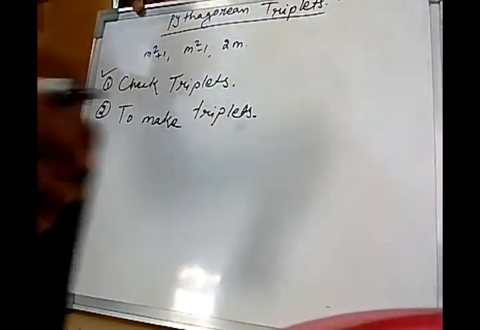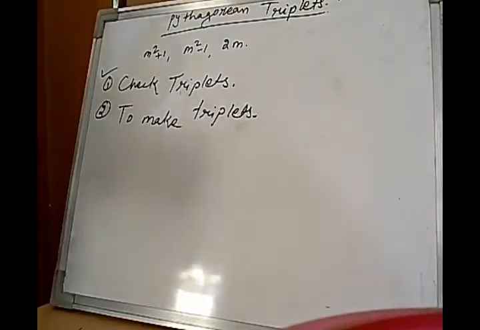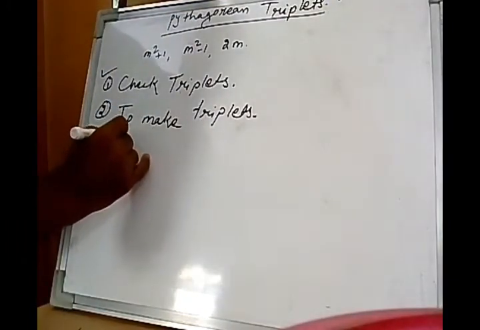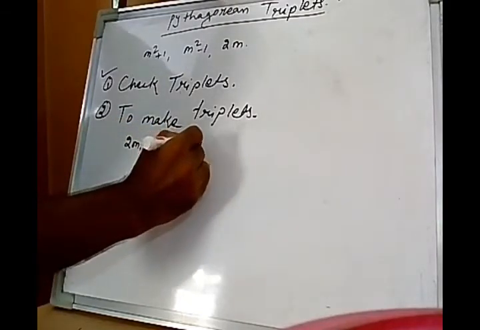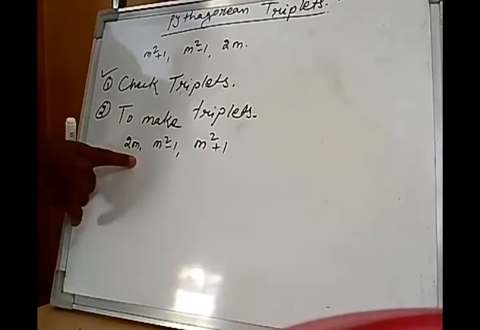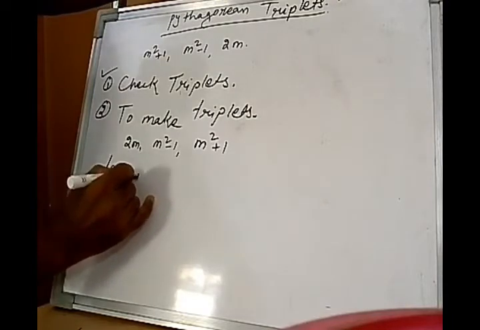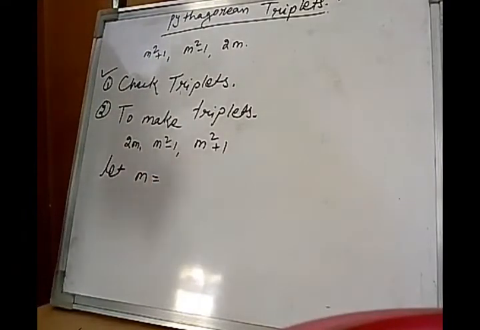Now the second is to make the triplets. We can generate different triplets. How? We know the Pythagorean triplets are in the form of 2m, m square minus 1, m square plus 1. So here I will consider m according to my choice, because you are making different Pythagorean triplets of your choice.